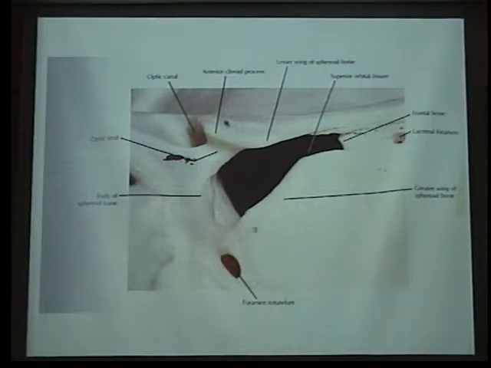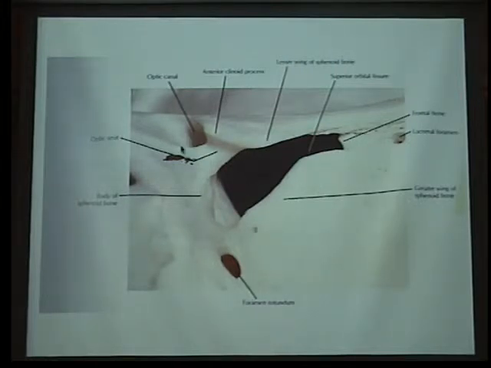Then you have the clinoid process that's attached to the optic strut, and that's the optic nerve. The cranial nerves 3, 4, 6, V1 all go through here. Okay? The carotid artery, the lateral loop, is going to be coming up underneath us here, turning this way, and turning towards us right here. The lateral loop. And the medial loop is going to be here.